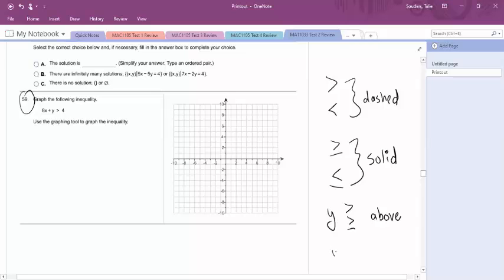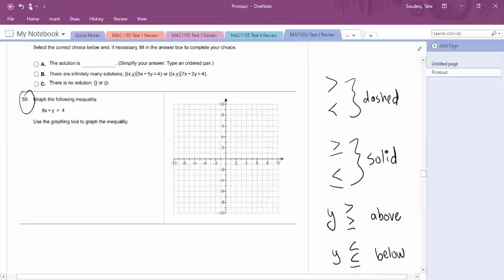If you have y is less than, doesn't matter if it's equal to or not, then you're going to shade below your line. Okay? I'll talk about another way to do the shading as well, but I wanted to mention that because that's a shortcut that sometimes helps people out.